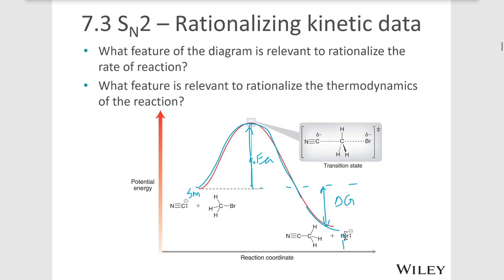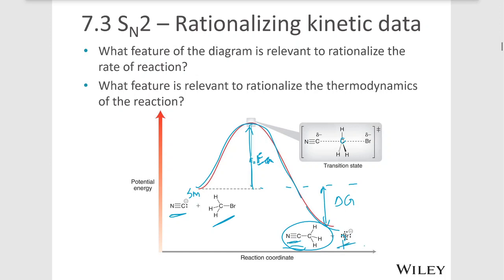So how stable are the products versus the reactants? But the main thing we're concerned with right now is being able to overcome that activation energy to get the reaction to go. So here we have the cyanide reacting with methyl bromide to give us this product here where we have the cyano substituted and bromine.